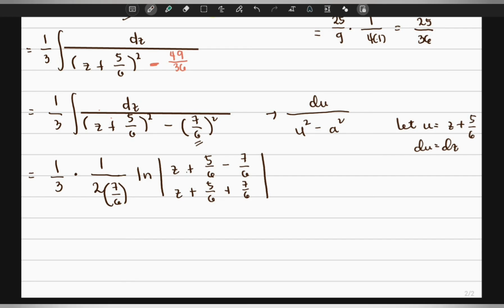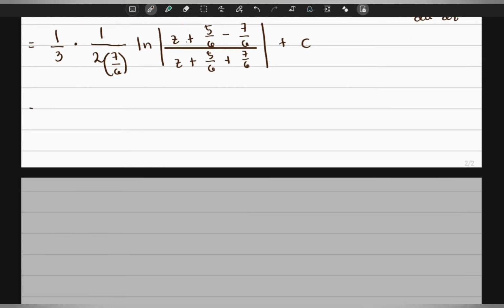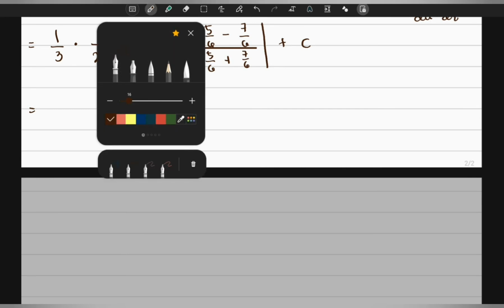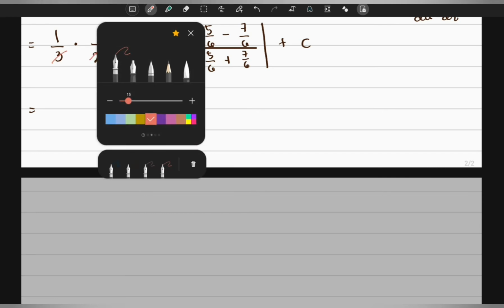Tapos, lagyan natin ng fraction bar. Plus c. Okay, simplify pa natin guys yung nandito, oh, so 3 times 2 over 6, mag-cancel na. Matitira na lang ay 1 over 7. I'm so happy.